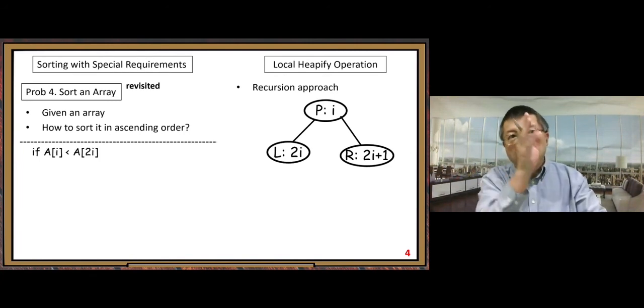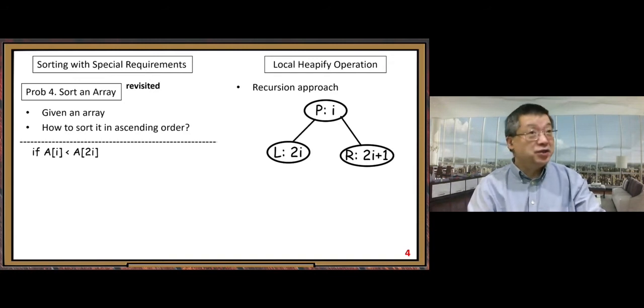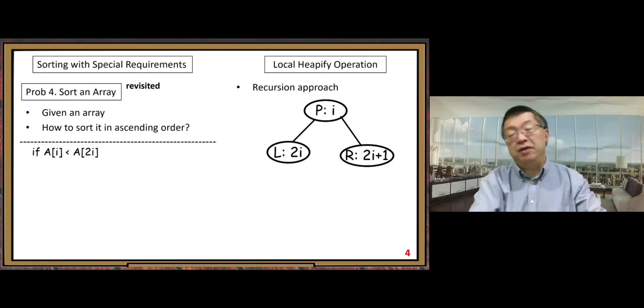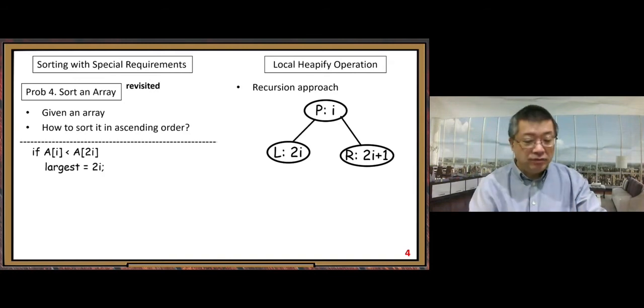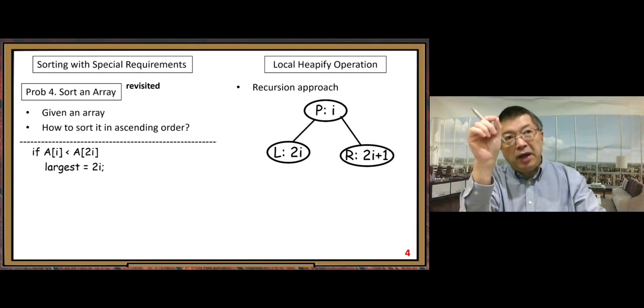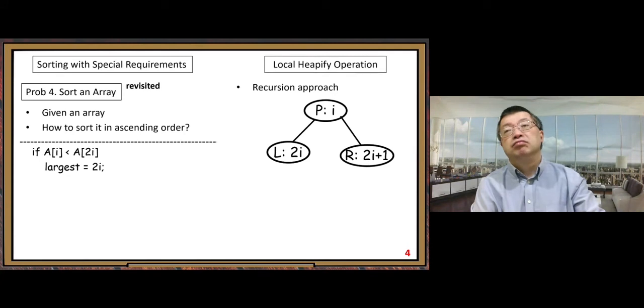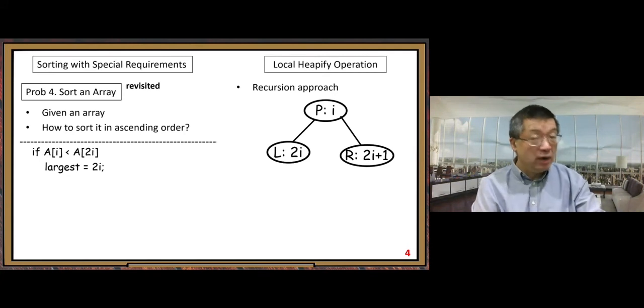Comparison. If A of I is less than A of 2I, we know there is a violation, right? A of I, the value of the parent node, is less than the value of the left child node. When we detect that violation, we store the 2I index temporarily in a temporary variable, largest.